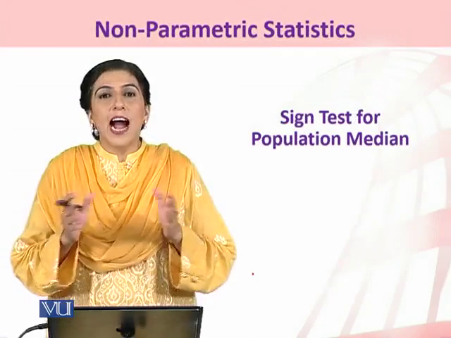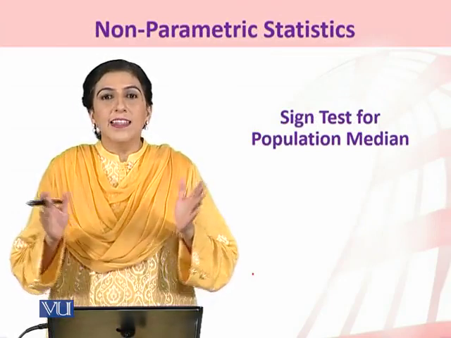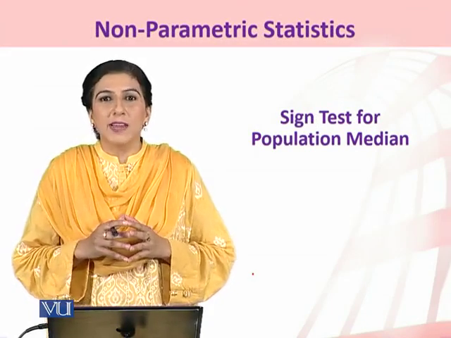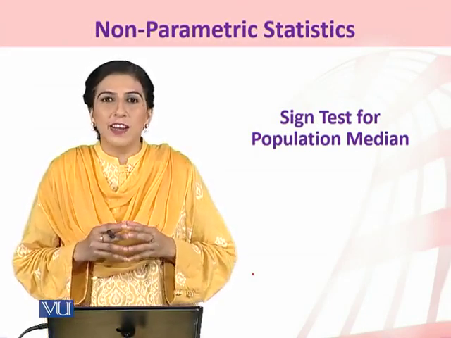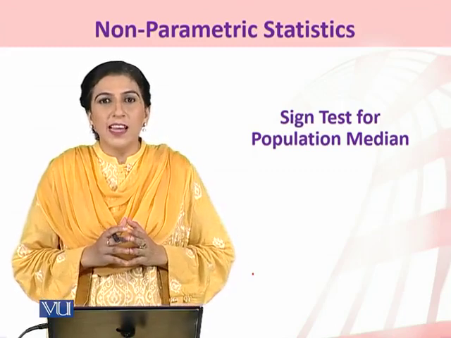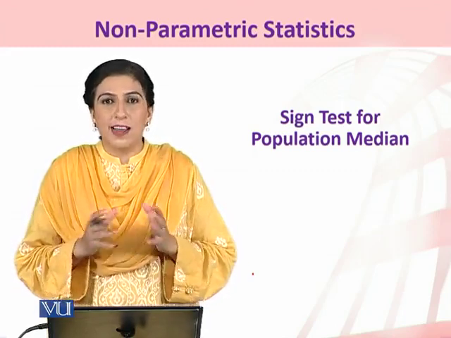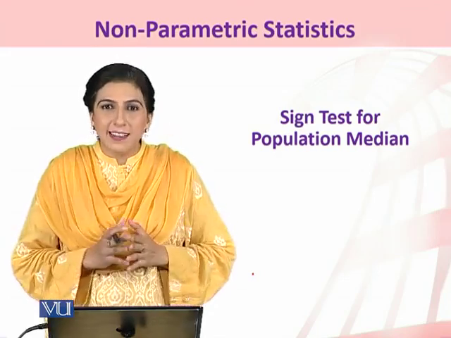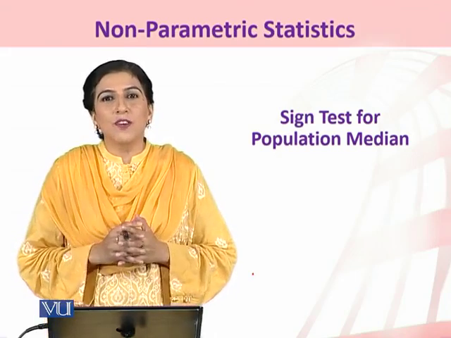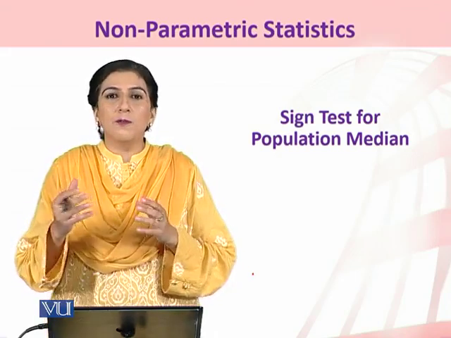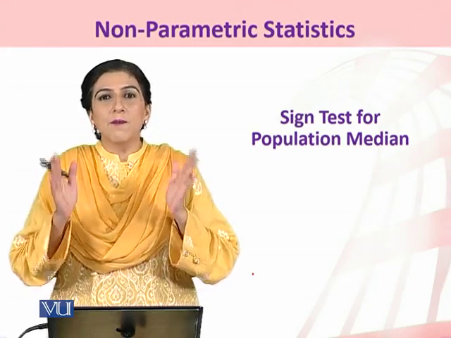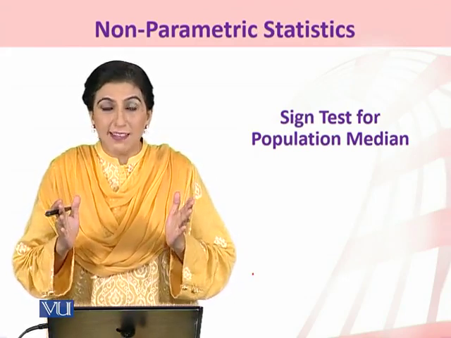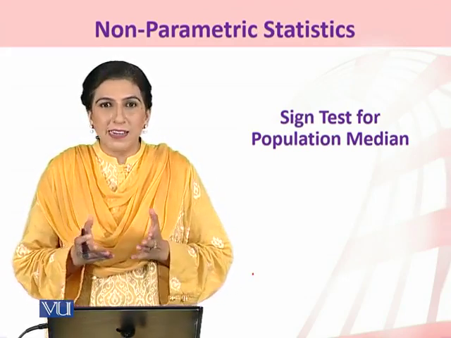So students, under the sign test, we have learned that in order to test a particular value about the median for a single population, we would have to first outline the procedure. If your sample size is good enough, then you will be calculating the desired probability under the test statistic by making use of the binomial table. If you look into the binomial table, एक साइड पे आपको रो में नजर आते हैं सैम्पल साइजेस और कॉलम्स में आपको probabilities दी होती हैं.